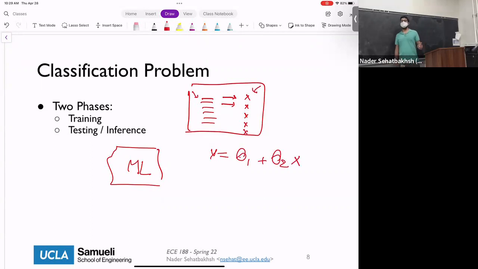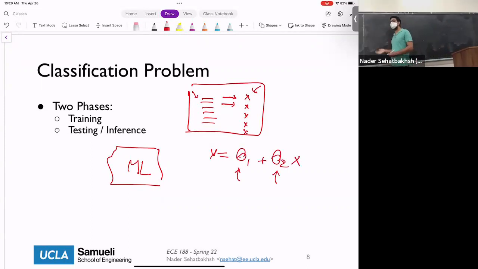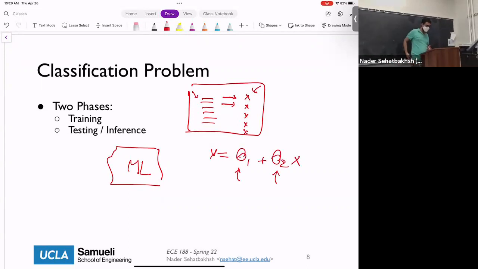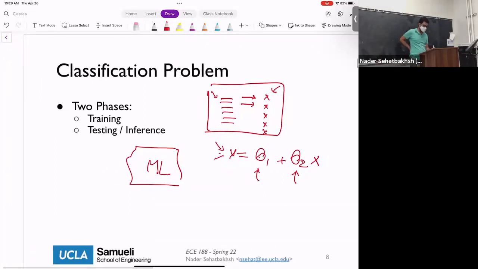And what we want to learn is these two variables, theta 1 and theta 2. This is just a very simple linear approximation of this problem. This is actually more of a regression problem, but let's say that these are discrete values, okay? And then this way we can actually have a classification problem.